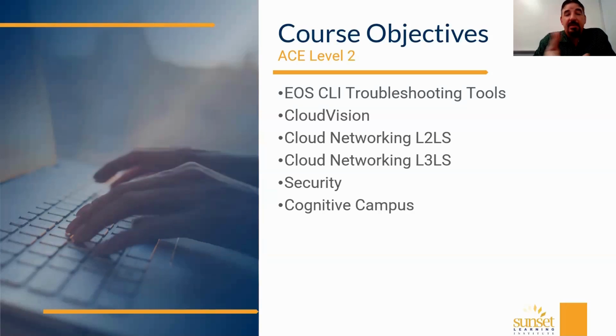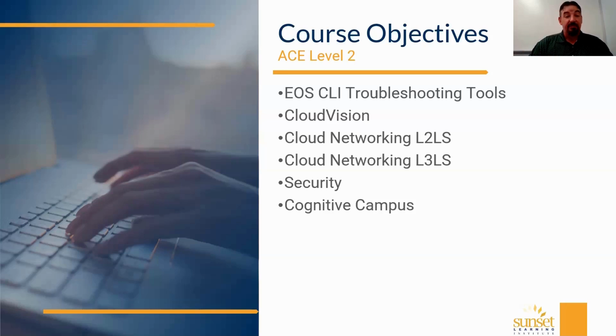We've got the EOS command line interface and the troubleshooting tools that we have available. Again, getting into more Cloud Vision, some of the ways we can use Cloud Vision to implement, to automate, and to play with our network itself, getting away from the idea of having to go to each and every individual device and configuring everything by hand via the command line interface.